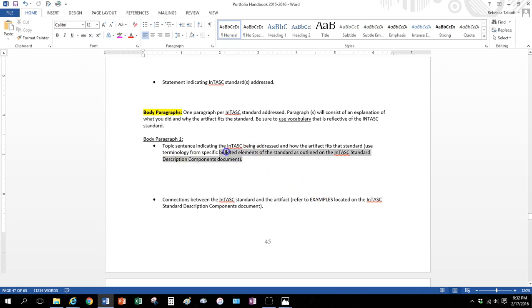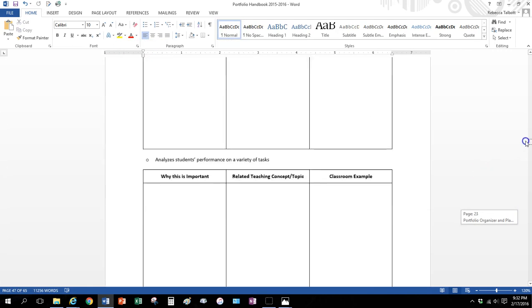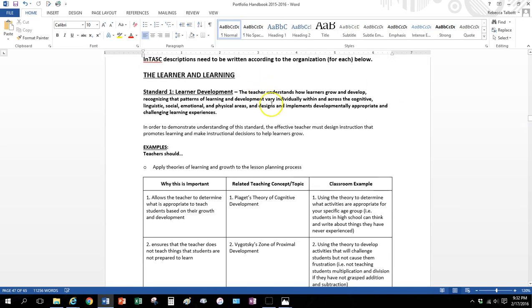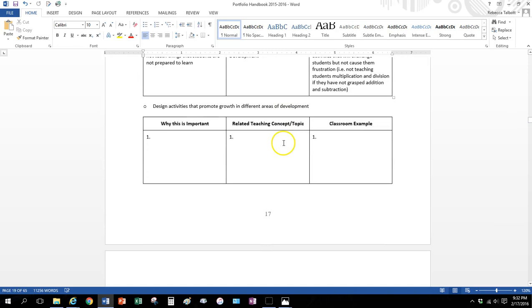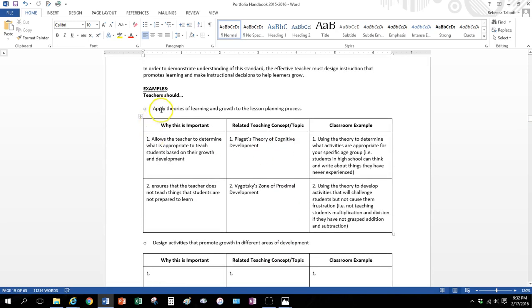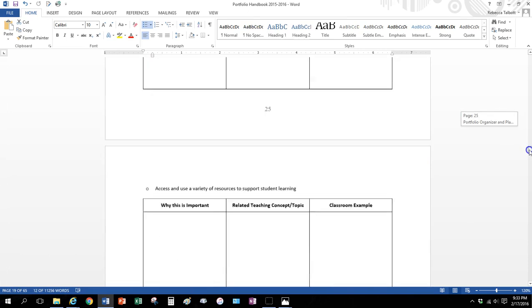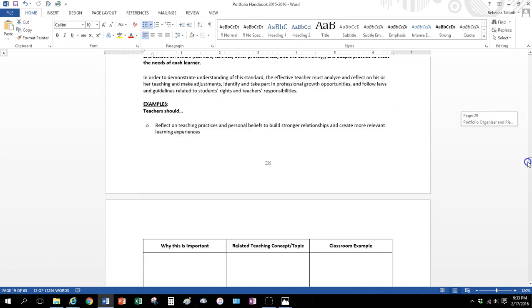This is talking about looking back at the in-task standard descriptions, starting on page 17. These bullet points, depending on whatever standard you happen to be talking about, are where you get the information about the standard and how you make the connection between your artifact and the standard.